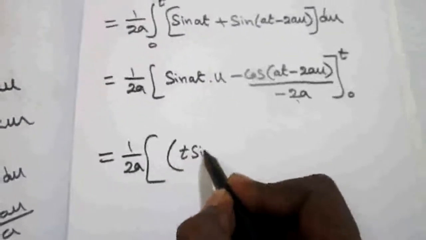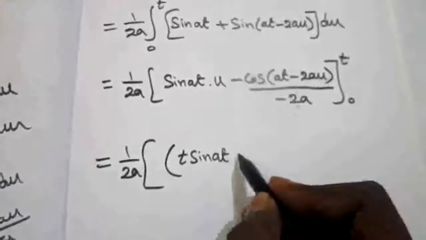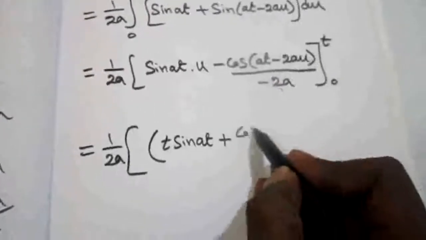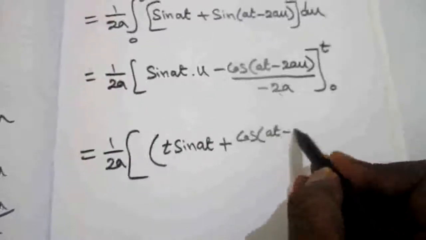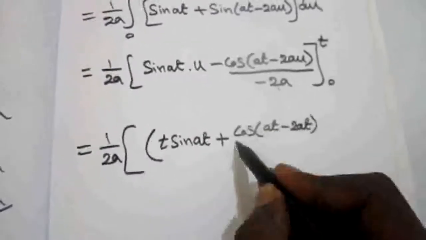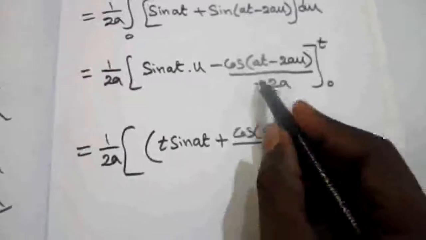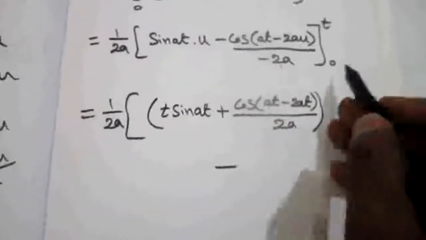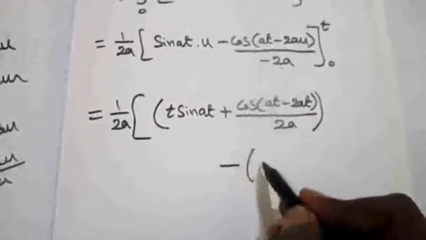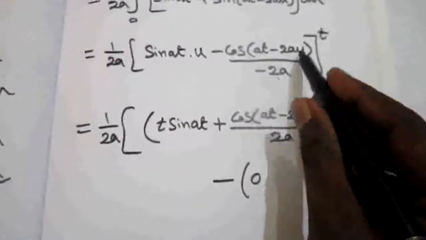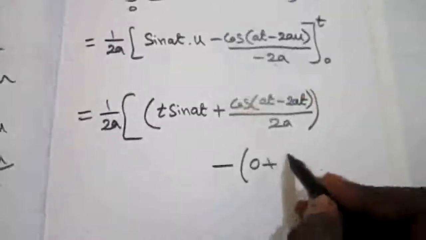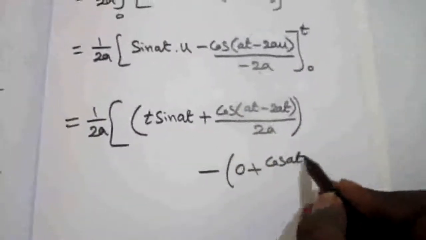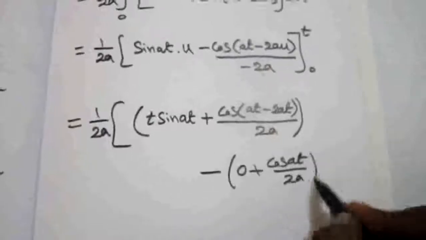Then minus, plus, put t here, cos of (at minus 2at) by 2a, because it is the upper limit minus the lower limit. Substituting 0 into anything gives 0. Substituting 0 here, minus plus, cos of only at, by 2a.